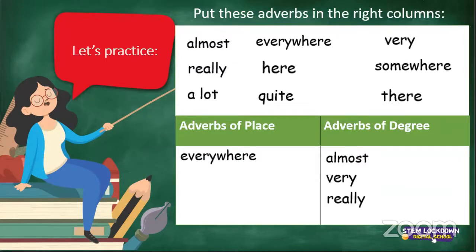If I say it is really hot, to what extent is it hot? That wouldn't answer the question, where is it? Okay, the next one, here. This adverb, is it an adverb of place or an adverb of degree? Here, 3, 2, 1, go.